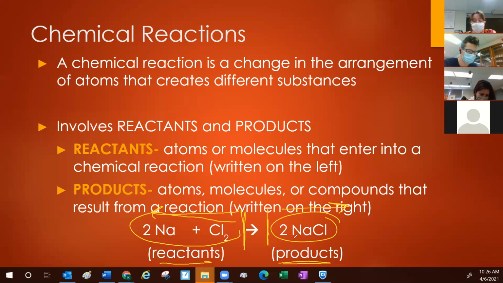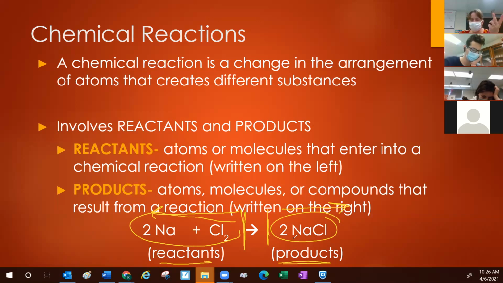I'm sure you've seen chemical reactions before, you just maybe didn't know they were chemical reactions. For example, if you've ever seen vinegar and baking soda mixed together, it gets nice and bubbly and frothy and kind of looks like a volcano. That's what a volcano reaction is when they do those models.